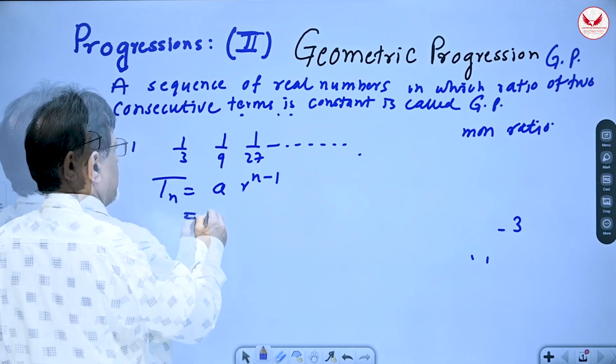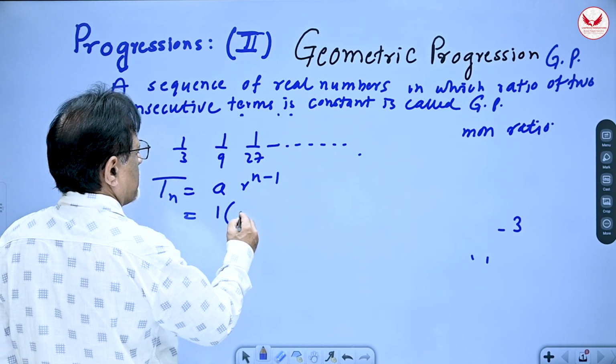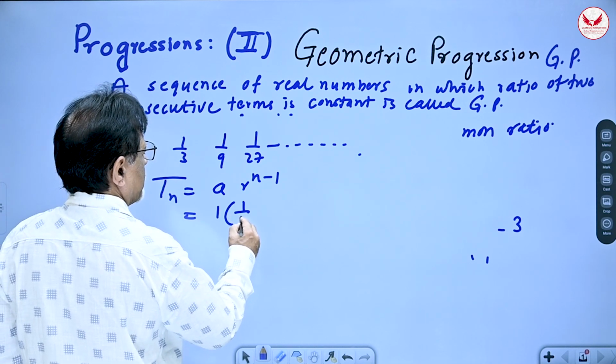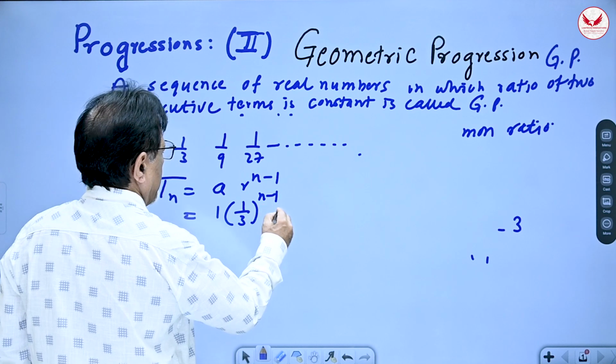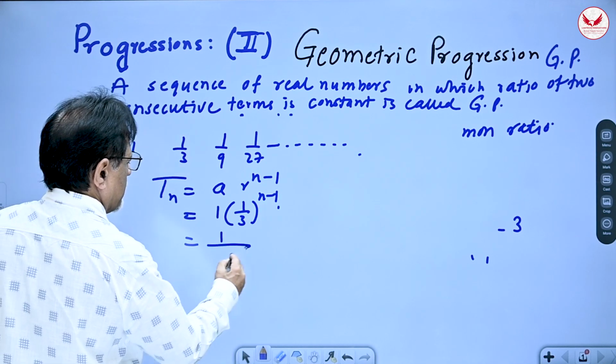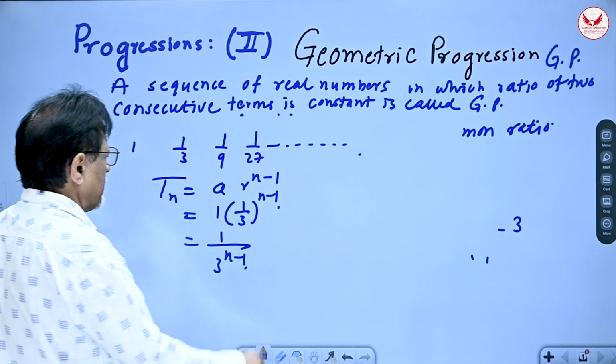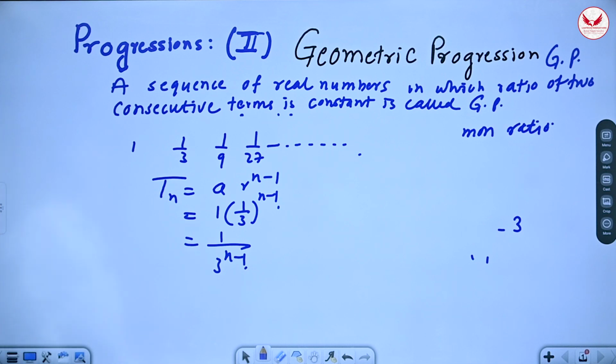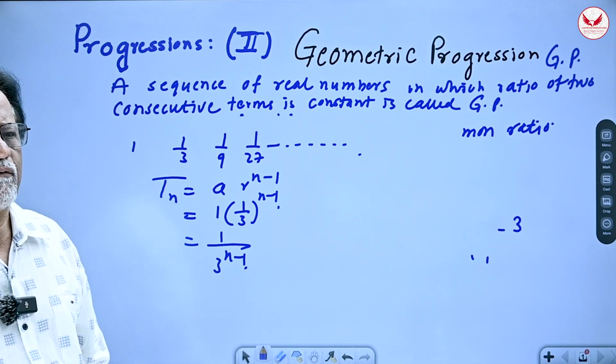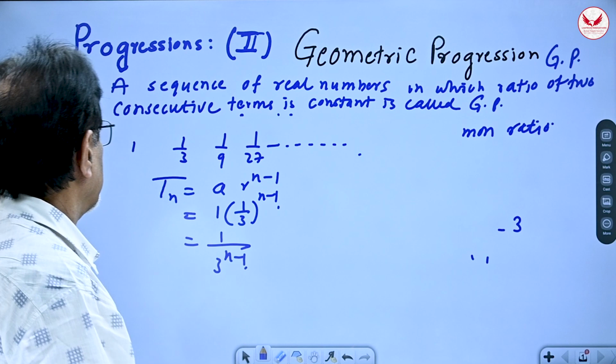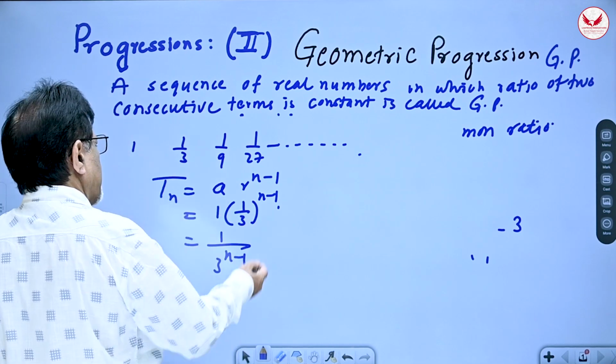Now here a, which is 1, multiplied by R, which is 1/3, raised to n minus 1. So it is 1 upon 3 raised to n minus 1. That is the nth term of this progression, correct? So that is how you can find out the nth term of this progression. So now this is Tn, right?